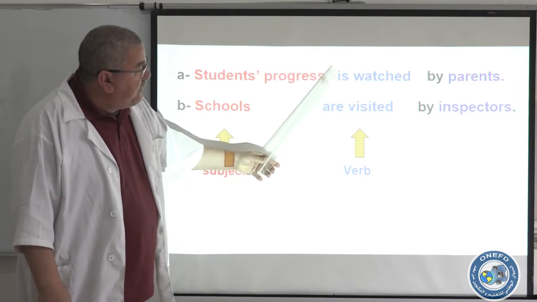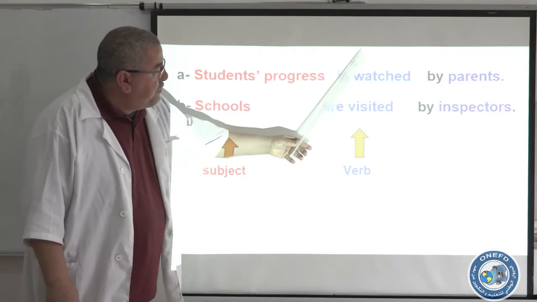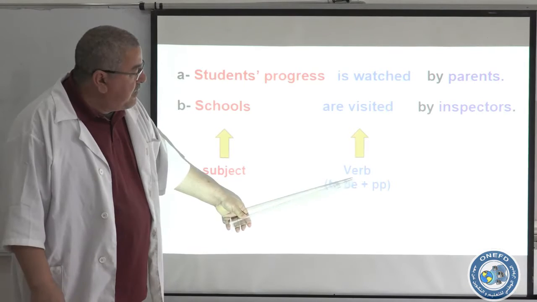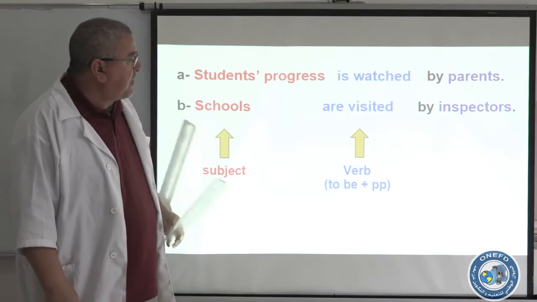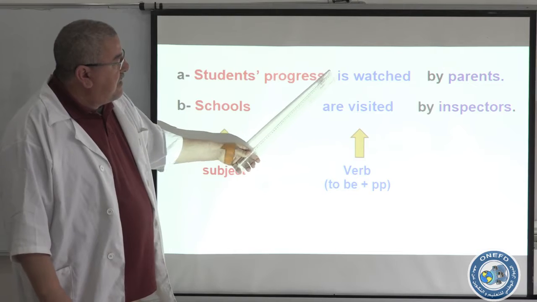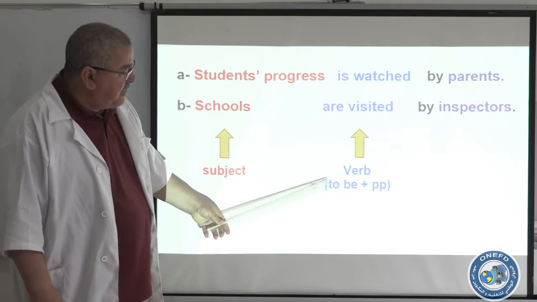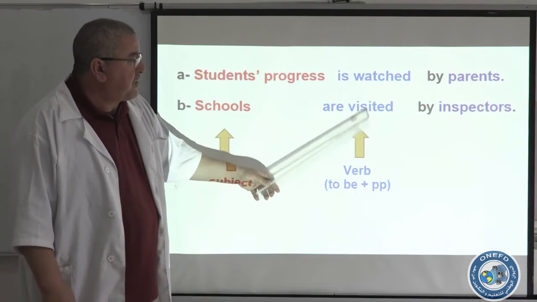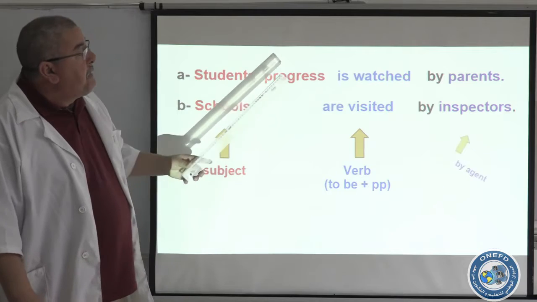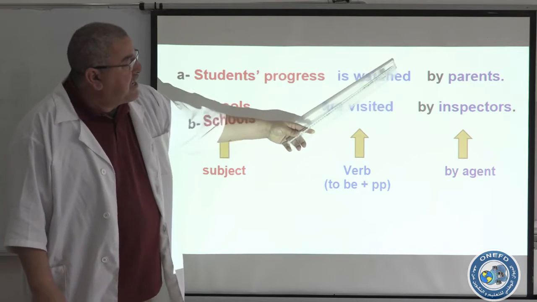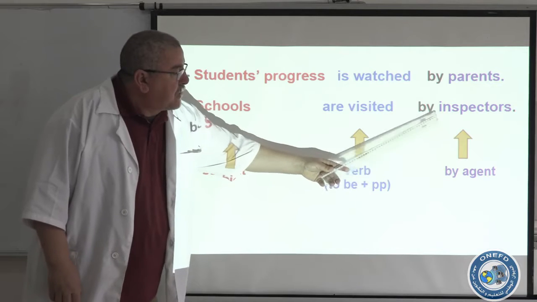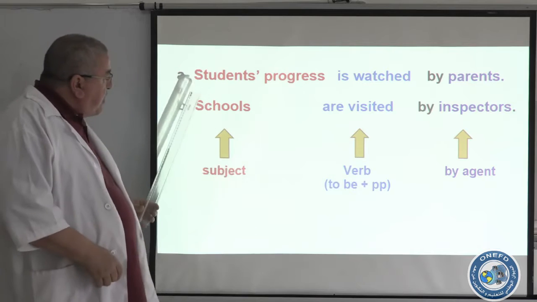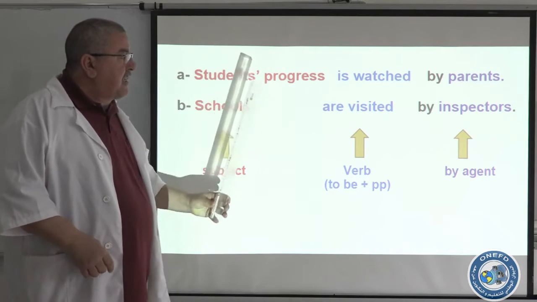You notice the verb is composed of 2 parts, which is to be plus the past participle. Is and are represent the auxiliary to be here, and watched and visited are the past participles of watch and visit. By inspectors and by parents constitute the agent by whom the action is done here.